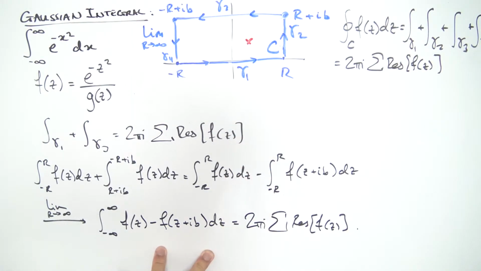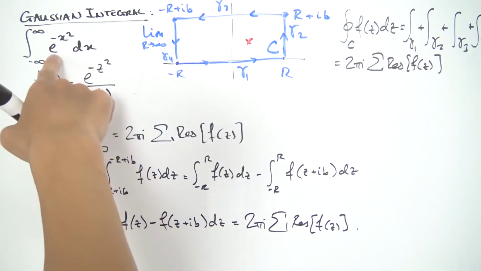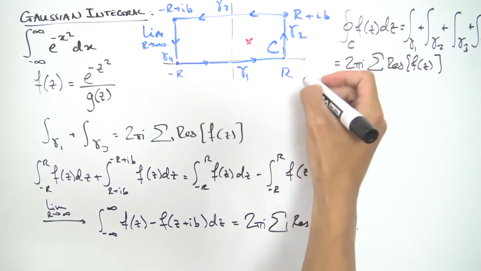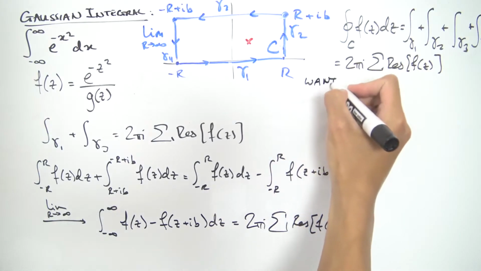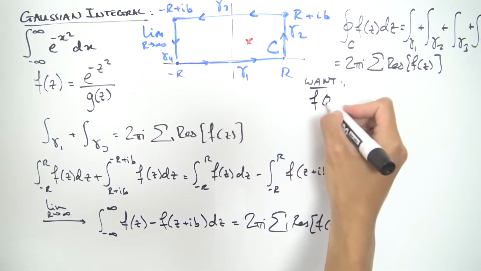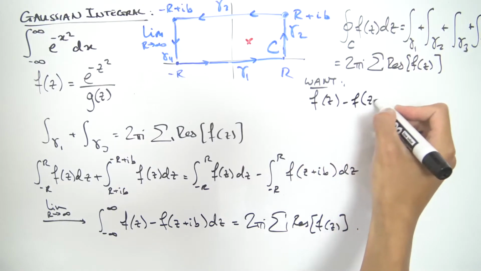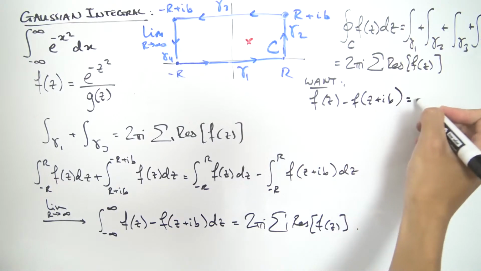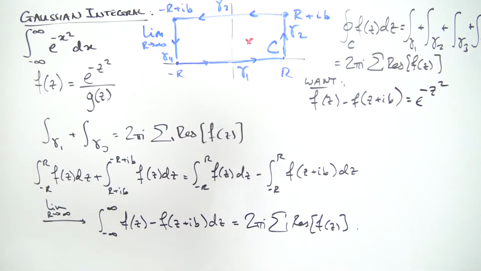So right from this line over here, why not let this integrand be exactly e to the minus z squared? So we want f of z minus f of z plus ib to be exactly e to the minus z squared.